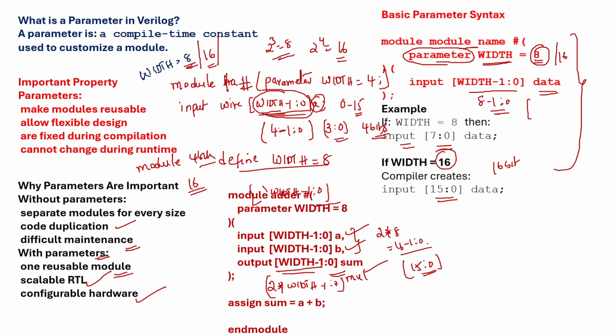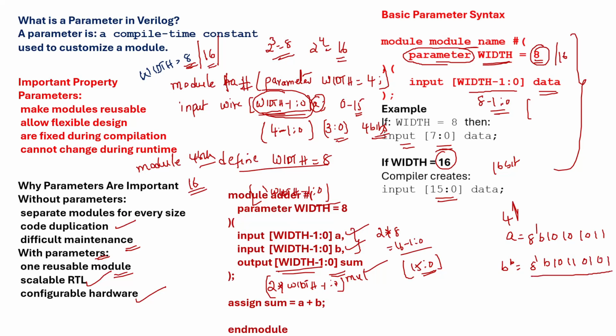So let me take 8 bits here. A is 8 bit, right? 8 tick binary 1 0 1 0 1 0 1 1, and B also I will take 8 tick binary 1 0 1 1 0 1 0 1.